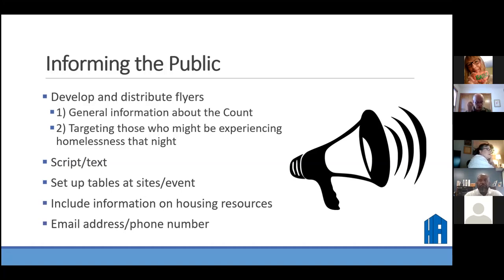Well, here's the thing. While that night we're counting people who are experiencing homelessness, across Iowa, for the first time, we actually have resources to get people housed. So if you run across somebody in the next 3 days and they're experiencing homelessness, but by the time of the count they're actually housed, that's a win. That's what we're supposed to be doing. So any information you can get out to people is going to be valuable.